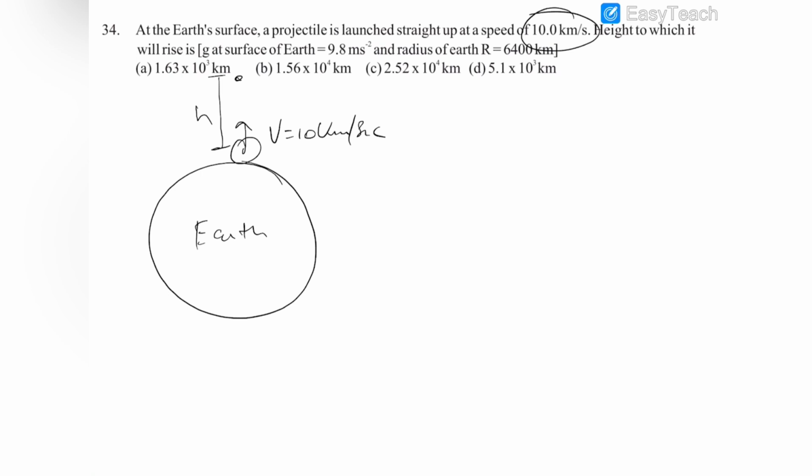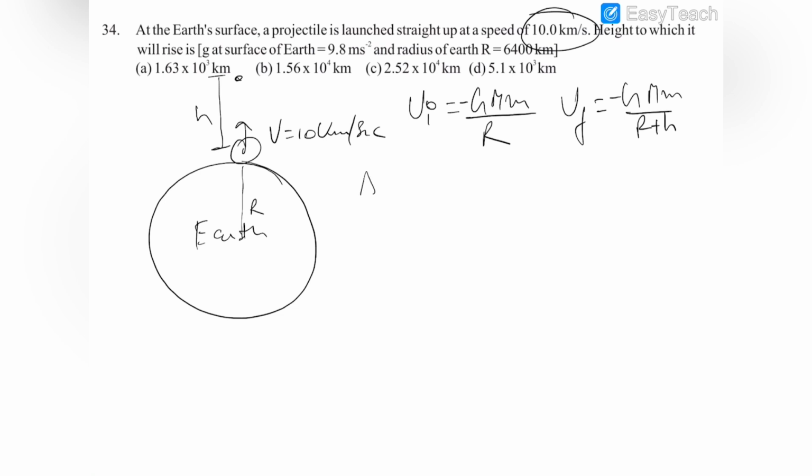Now let us use the energy conservation. We know that the initial energy of this system, interaction energy, will be minus GMm divided by this radius R, radius of Earth. And the final energy of this system would be minus GMm by R plus h. We always know that on increasing the height of any object from Earth's surface, its potential energy always increases.